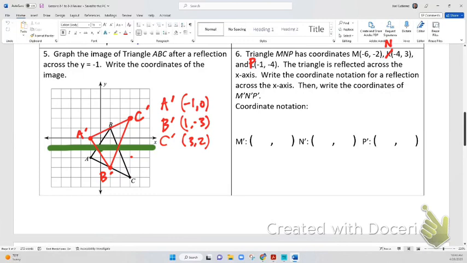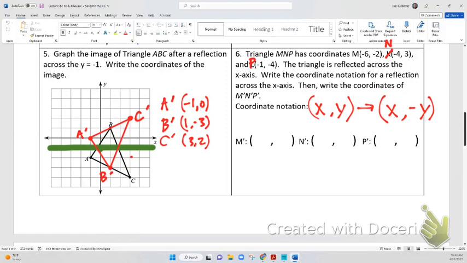So for those of you who are in class, if an image is reflected across the x-axis, so here's your original coordinate points. If you are reflecting across the x-axis, then the x stays the same. The only one that changes is the y value.